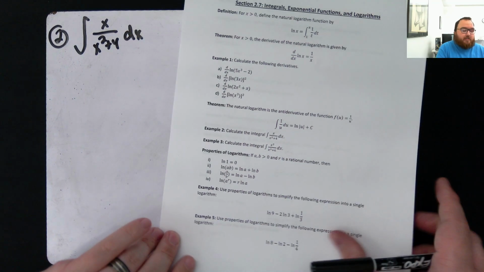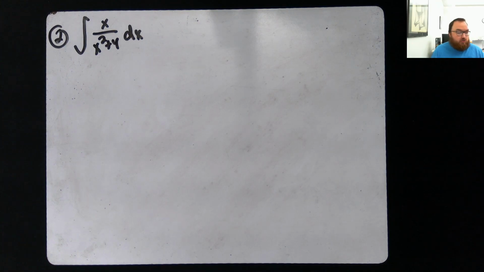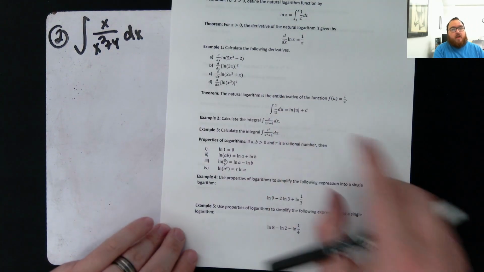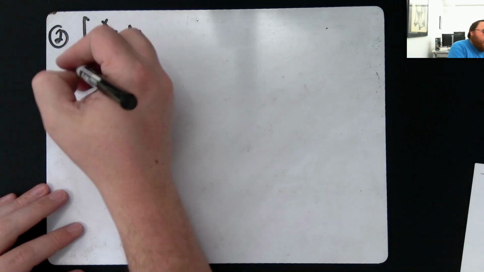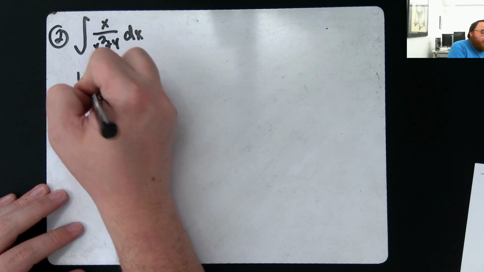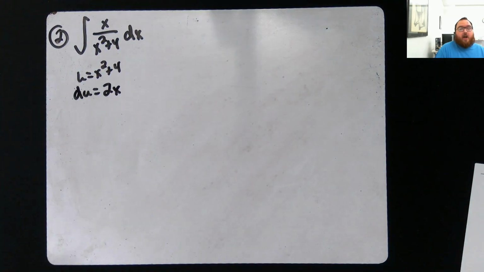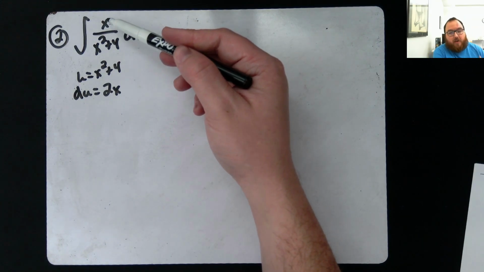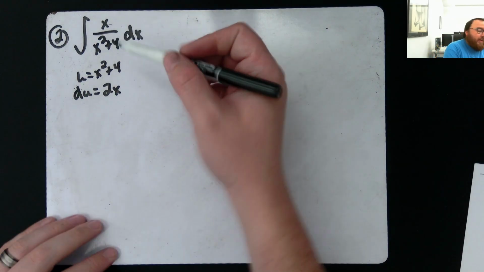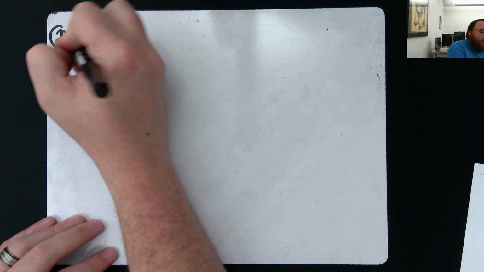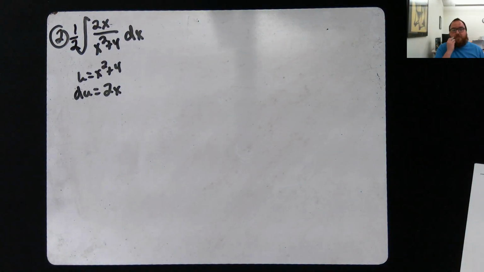Because if I notice, I can use substitution to make it look how this one does, right? Because if I let u be equal to x squared plus 4, the derivative of that is 2x. And I already have x right here, right? So that's really nice. All I need is a 2. I can put a 2 there as long as I put a 1/2 there out front, right?